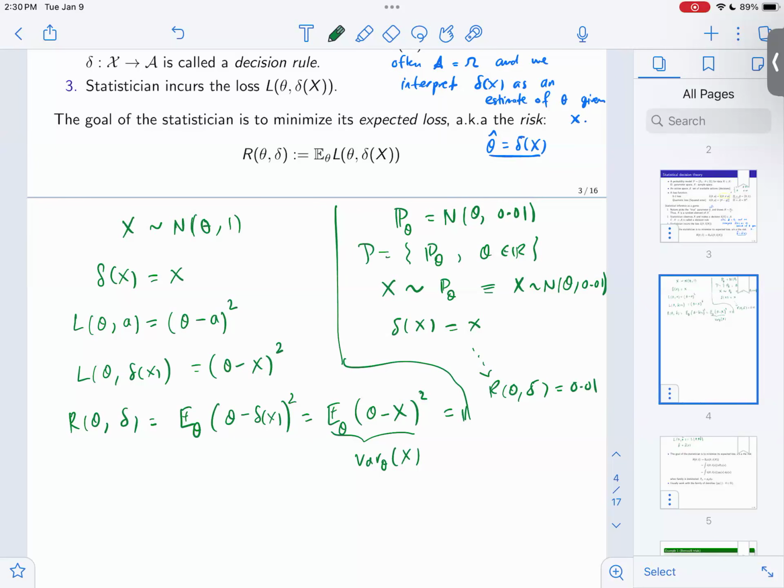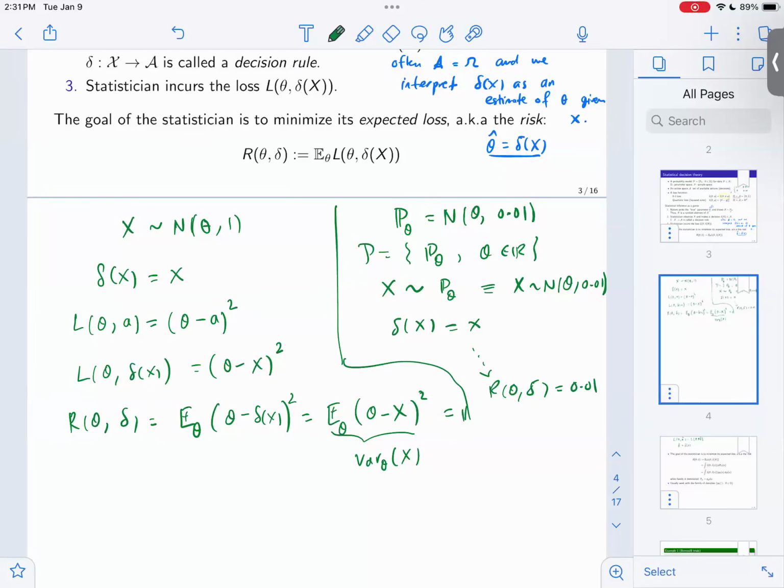It would be the variance, so the risk is smaller because it's more informative. You see the idea. You're going to be more accurate even with a single observation. This is a harder problem, and this is an easier problem.